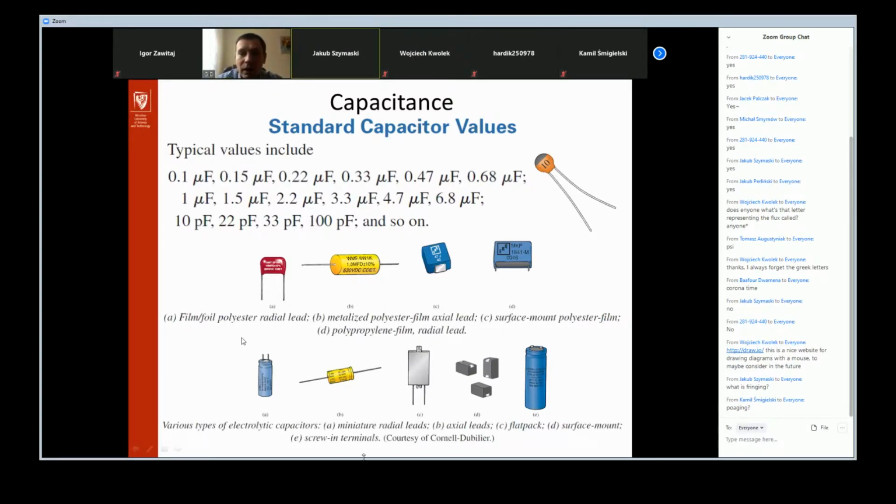Can I ask something? Yeah. Why with resistors do we have symmetric tolerance, for example plus minus 5%, and with capacitors we have, for example, plus 5% minus 20%? Yeah, because the materials used as dielectrics are not pure materials.